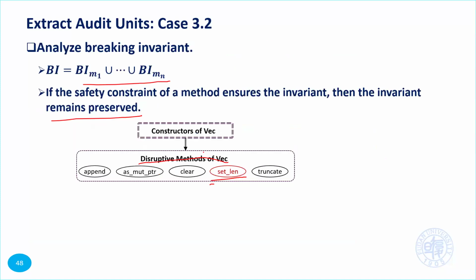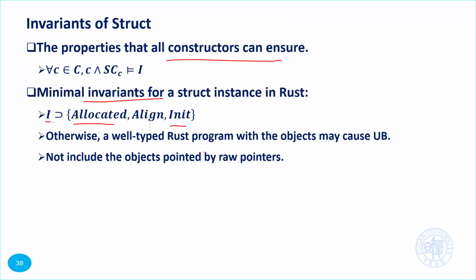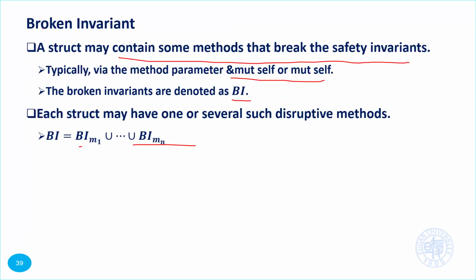But then we found that the broken invariant can only happen if the method has mut self parameters or a reference to mut self. Then we only need to check which properties they break, and then we can union all the properties they break.